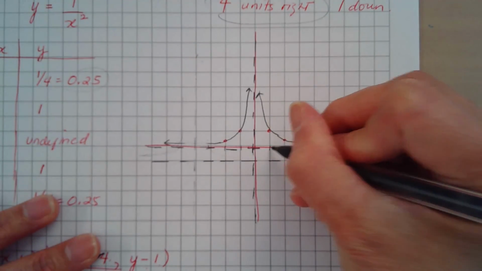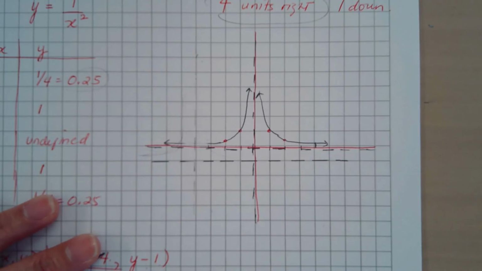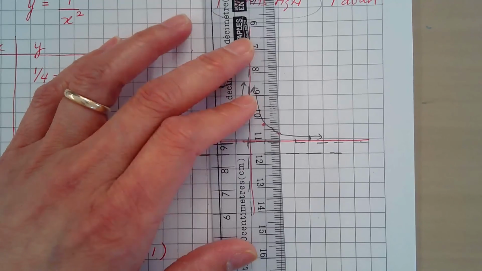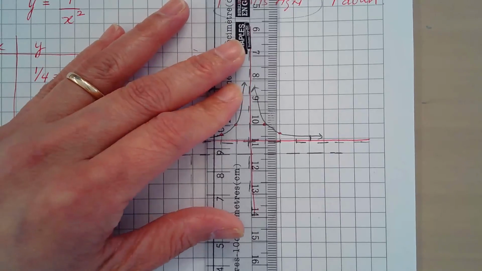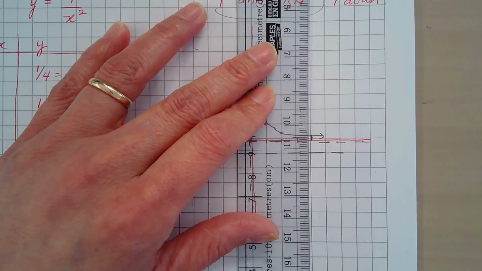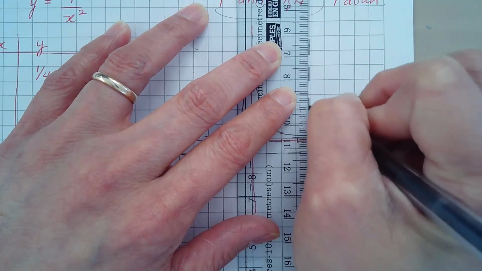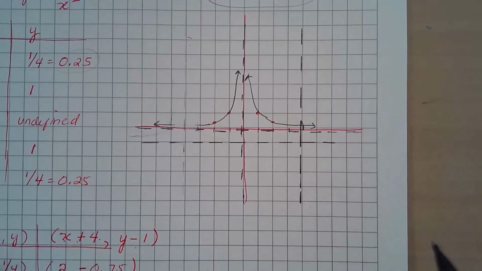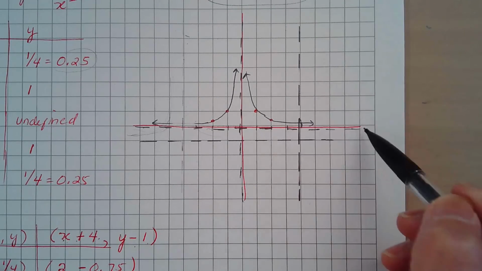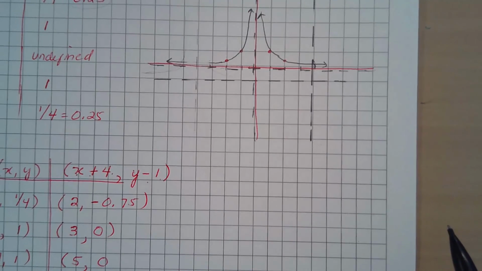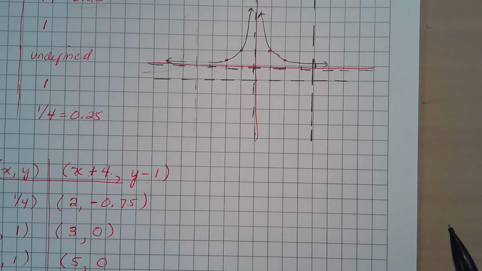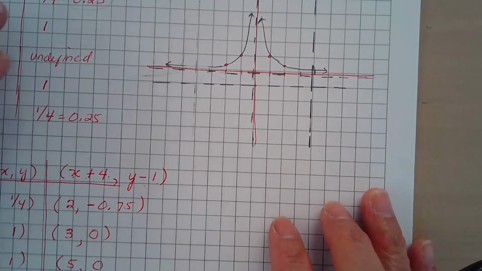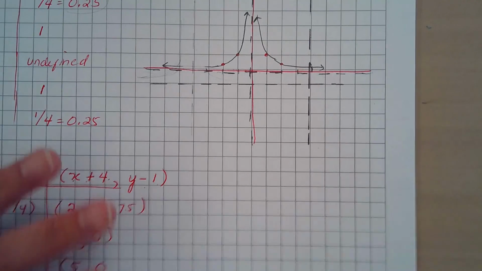Units to the right: 1, 2, 3, 4. Now the graph would be this way and then this way. That makes sense. Did somebody see my mistake earlier? When I translated to the left instead of right, you should have said something.